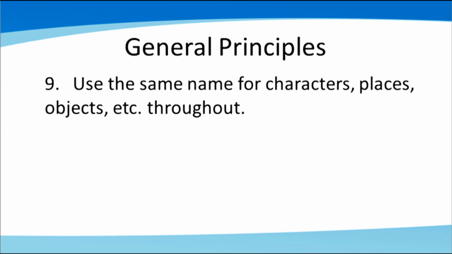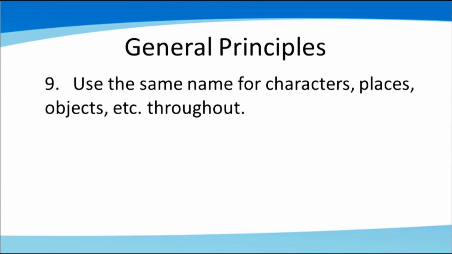Principle number 9, use the same name for characters, places, and objects throughout. So once you refer to someone as a dark-haired woman or a man in a gray suit, or as his mother, or as Josephine, from that point, refer to the person or object the same way.